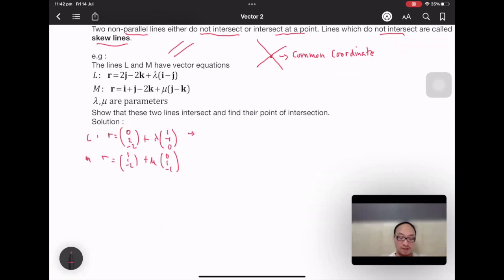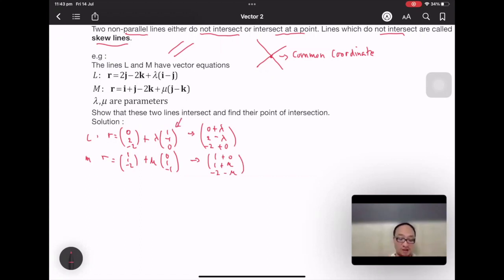So the coordinates of a point on L are (0 plus lambda, 2 minus lambda, negative 2 plus 0), and the coordinates of a point on M are (1 plus 0, 1 plus mu, negative 2 minus mu).